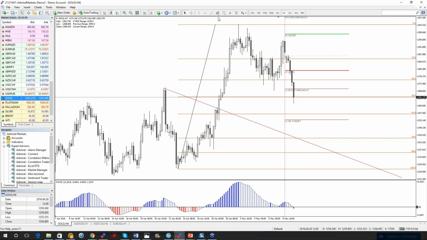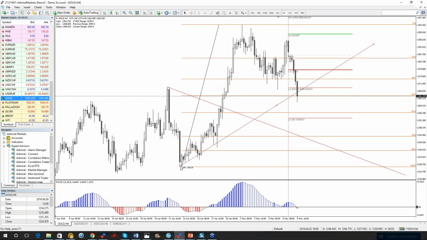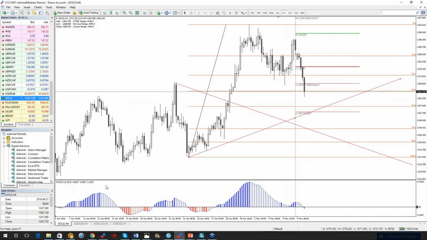Let's see, guys. See, very interesting. Ha, look at this X cross here. Interesting observation. Now this could be either make it or break it.